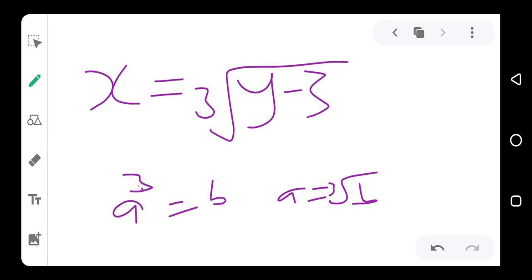If you have 4, we just put 4 here. It is only 2 that we don't put anything on top of the root. So this is what we are going to have.